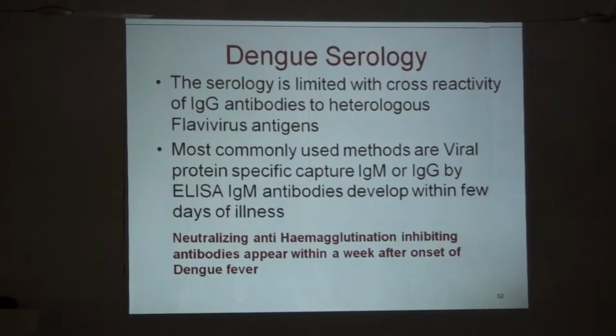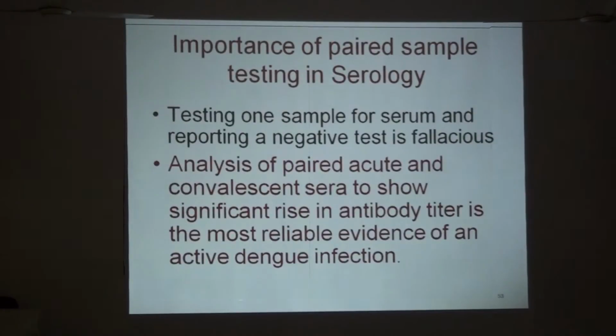Neutralization and hemagglutination inhibition antibodies appear within a week after onset of dengue fever. It is very important to test paired samples to identify the antibody of the dengue virus.